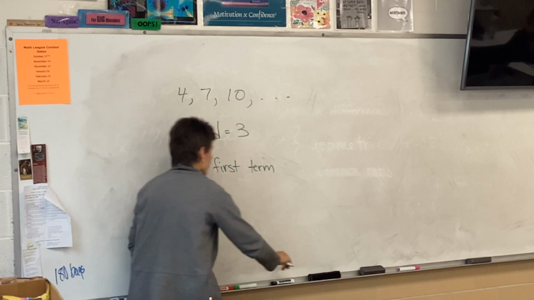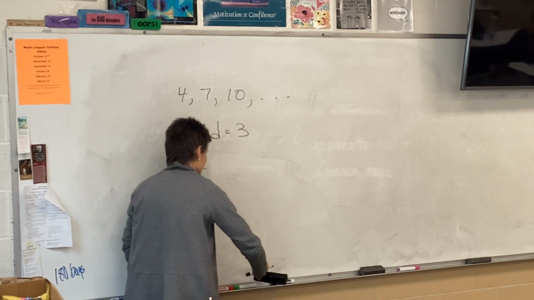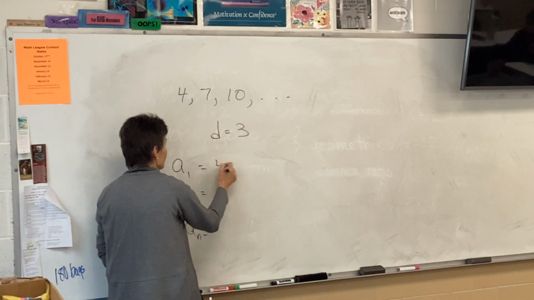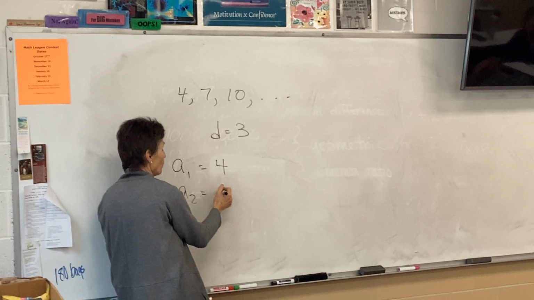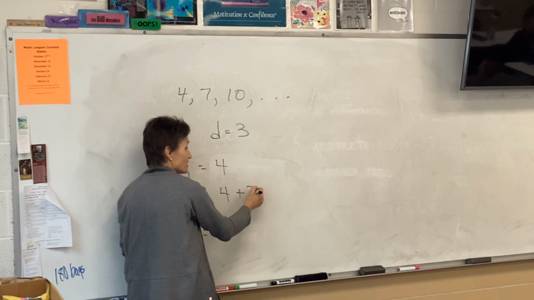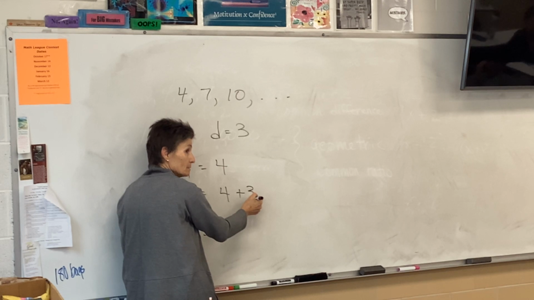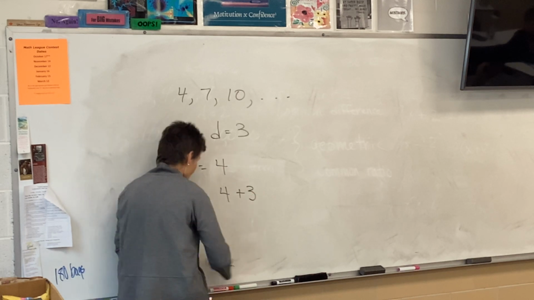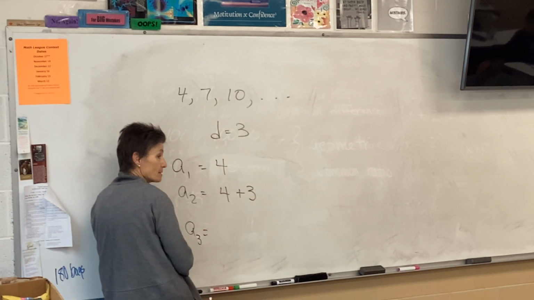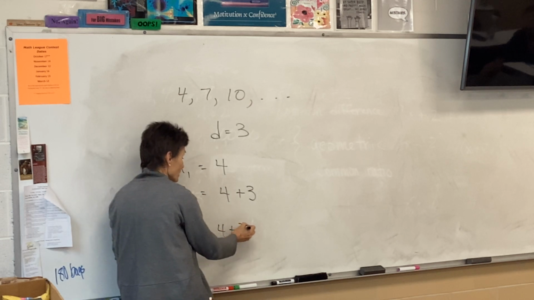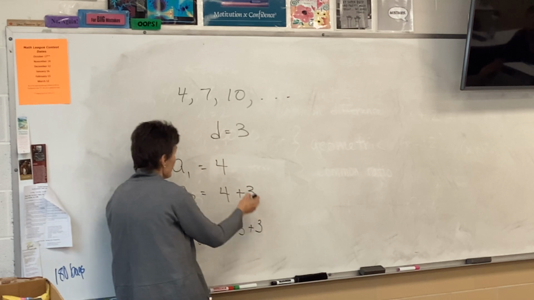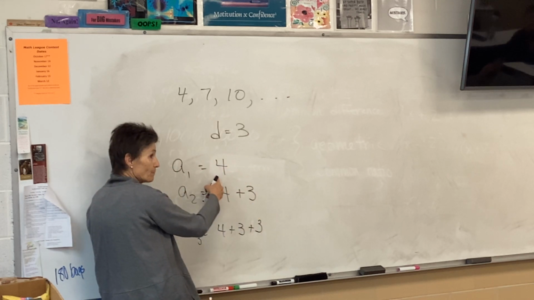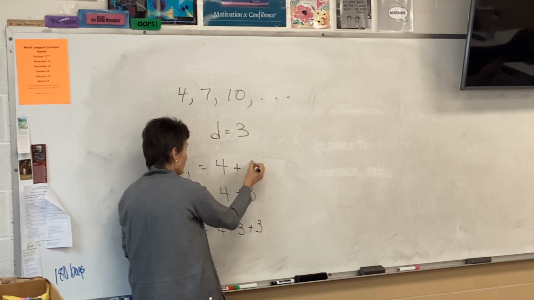The first term of our sequence is 4. The second term of our sequence is 4 plus 3. The third term of our sequence is 4 plus 3 plus another 3. So we have our first term, which is just 4, plus no 3s.